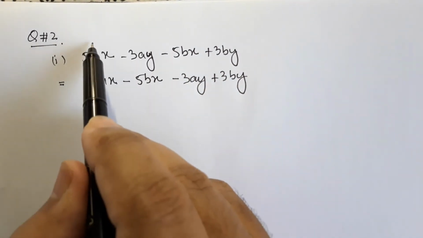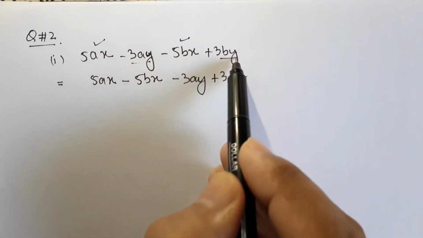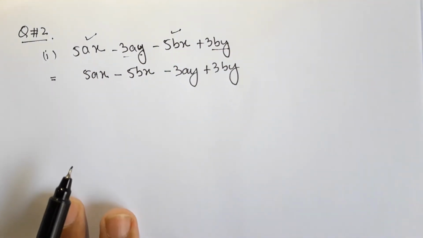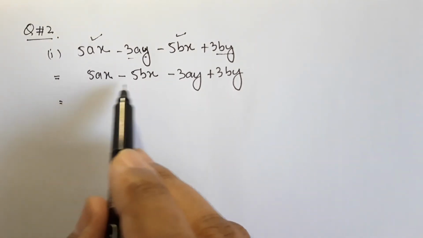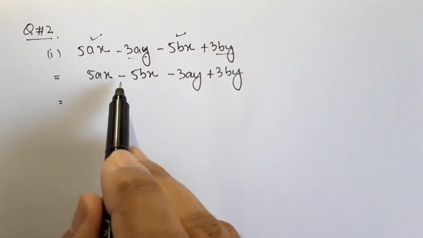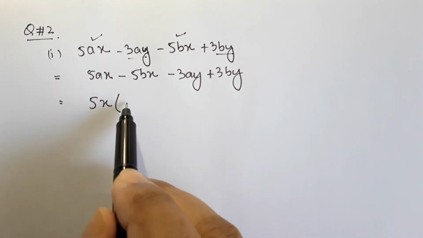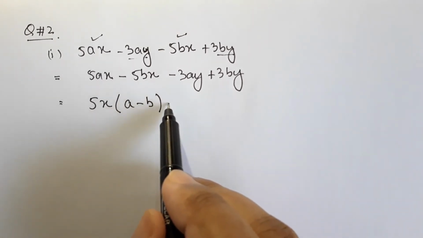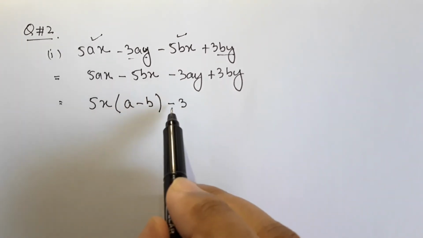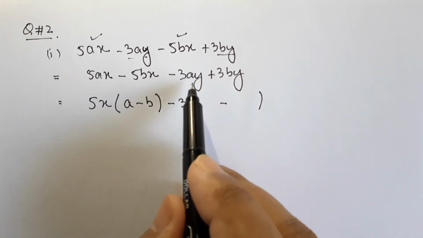I have made a pair of this with this and this with this. So, taking common among two terms, 5ax minus 5bx, what is common? 5x is common and the remaining values are a minus b. Here minus 3 is common. Now look at this sign minus. When we take minus common, definitely the sign inside the bracket will also change.